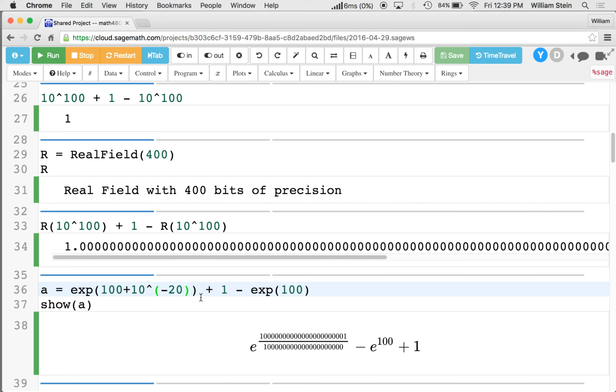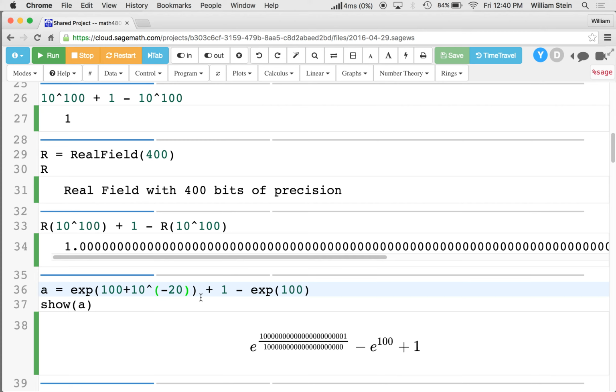However, if you do e to the 100 plus a tiny little thing, plus 1 minus e to the 100, these two e to the powers are almost exactly the same, but they're not going to get simplified to 0 because they're not exactly the same. The simplification rules don't just make them equal. So this is e to the power of some fraction extremely close to 100, basically e to the power of 100 plus a tiny little bit.